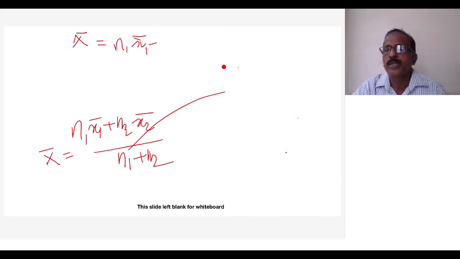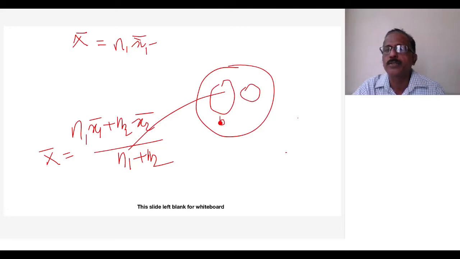Here there is a class, and in this class there are two groups, that is boys and girls. There are N1 boys and N2 girls.